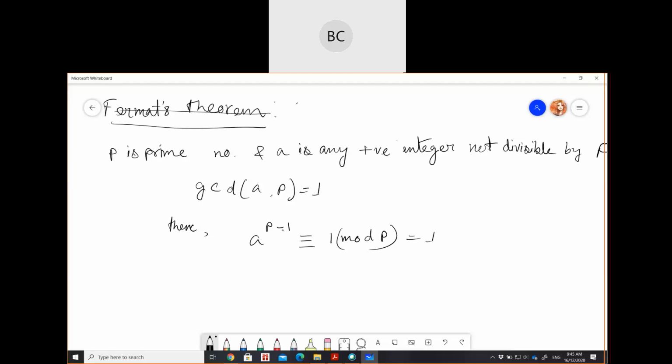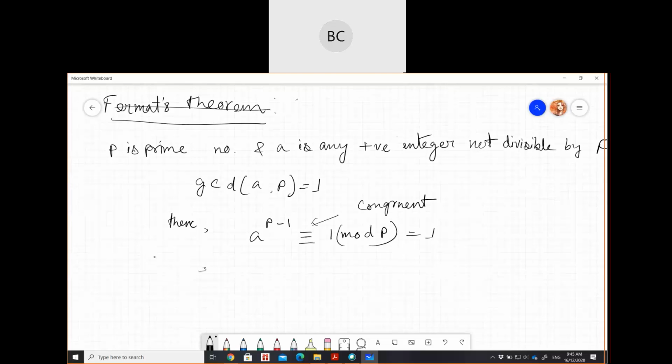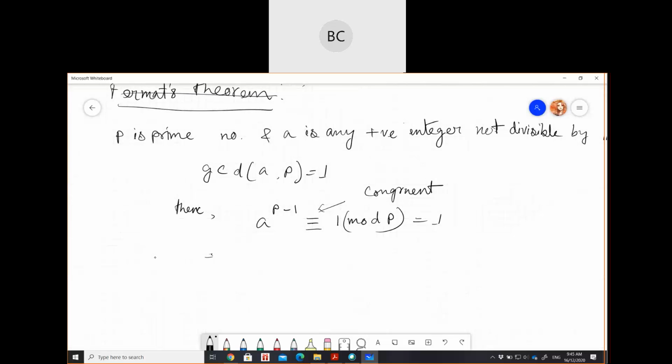Anyone know what is congruent function? This symbol is known as congruent. Anyone?